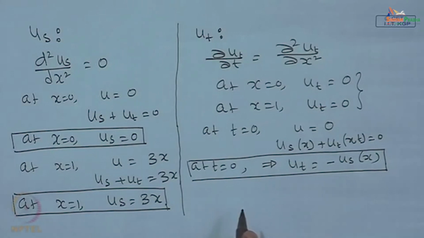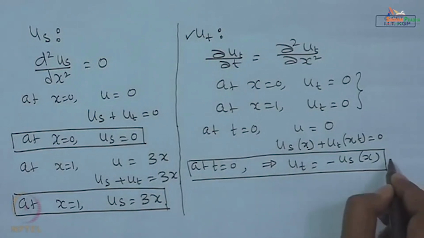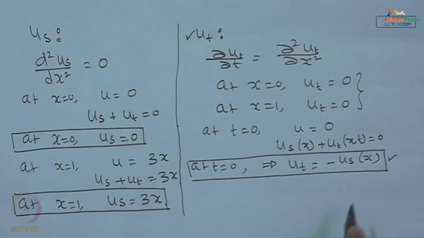And see what we have obtained in this case. We completely defined the steady state part. So, we will be able to get a complete solution of the steady state part u s, and we are going to get it within a couple of minutes. And then by doing this transformation, this mathematical manipulation, what we have done is that we have defined u t, and this u t is having a non-homogeneous initial condition and homogeneous boundary condition.